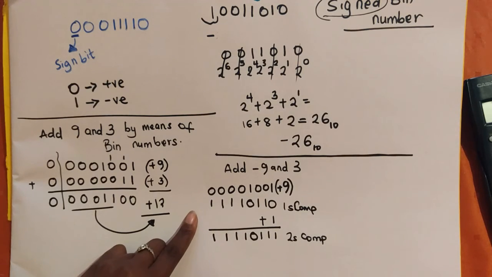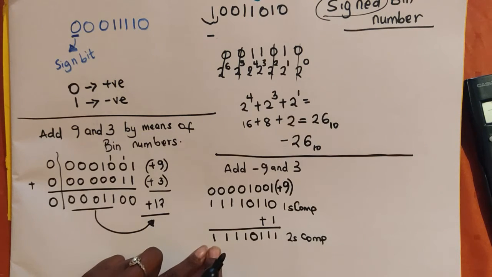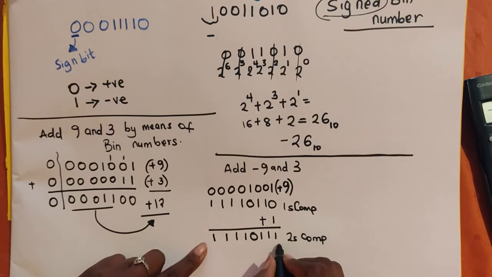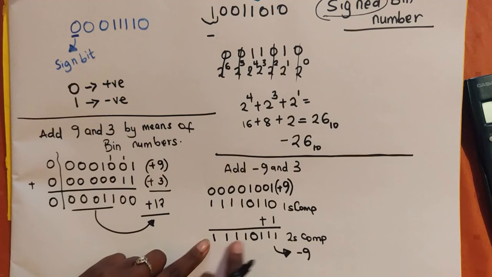Now, since we said it's a signed bit, this is a negative. In this case, this is -9. So now we just add this.